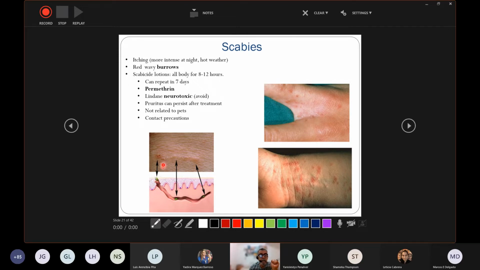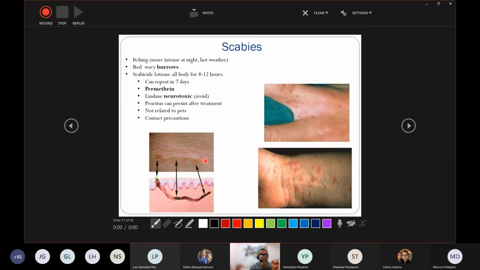So you see the point of entrance, and you are going to see a wavy line. It's not straight, it's wavy, of the parasite advancing under the skin, on the epidermis, and laying eggs along the way.